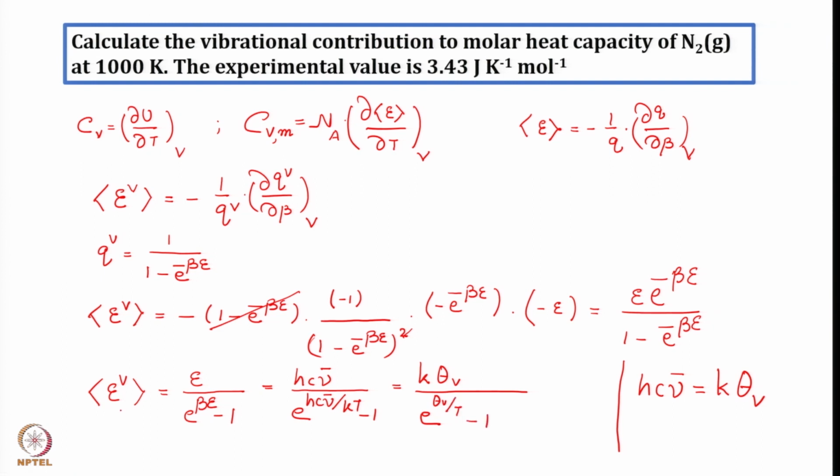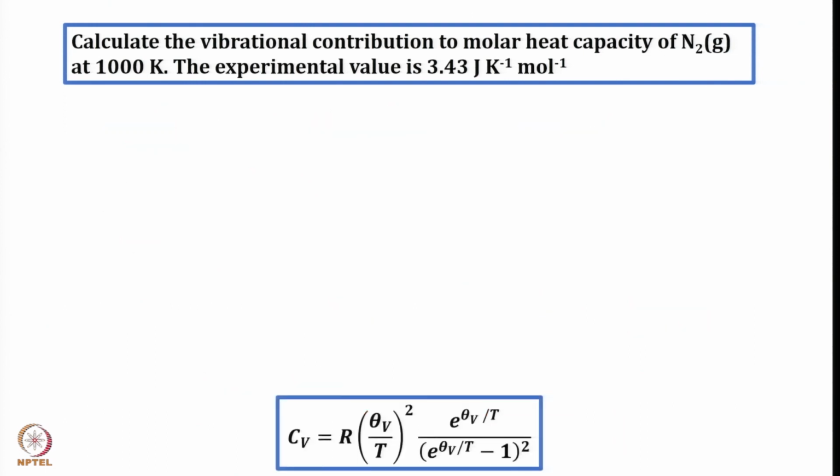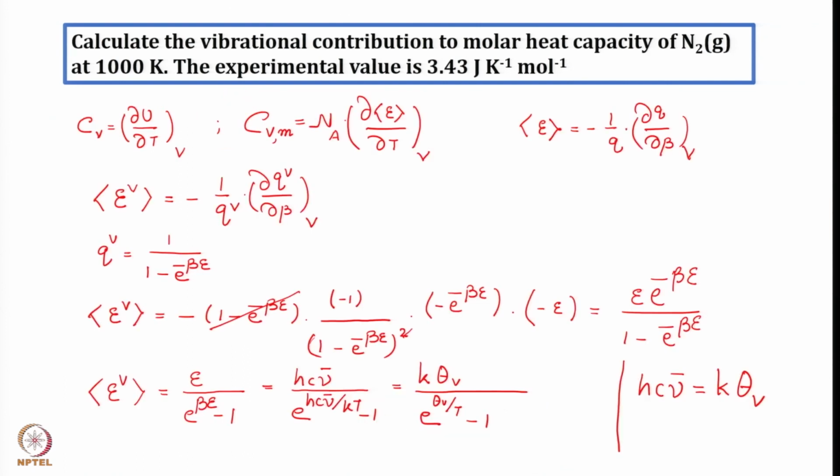Therefore, my mean vibrational energy is k times theta v over exponential theta v by T minus 1. This is what I have. Let us double check.